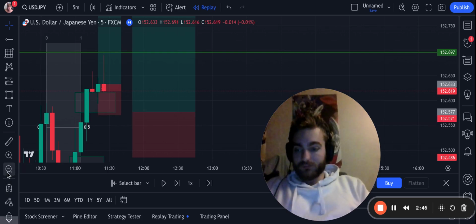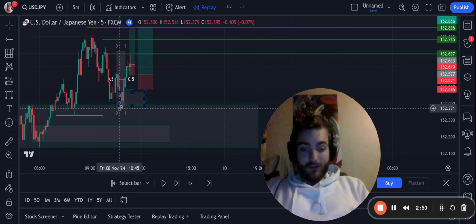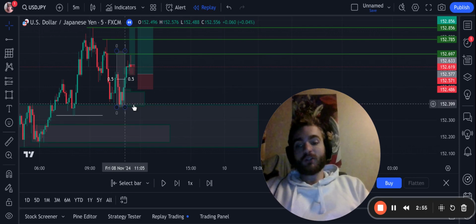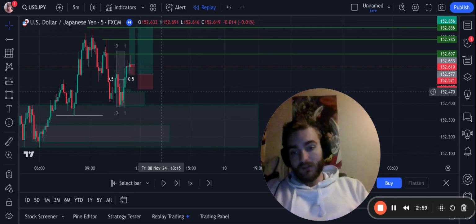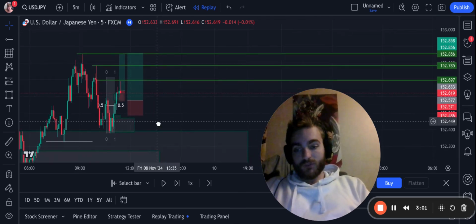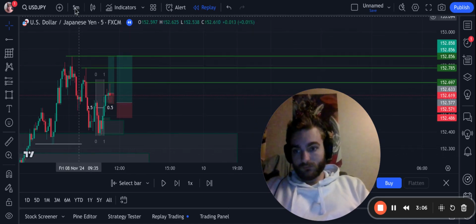Where price invalidates the trade is whenever the orders got filled, which is down here. So if price closes below this low and closes below this order block, that's where I consider price to be invalidated and the trade is no good. So the trade is still good, and we're looking for price to go up to these highs.